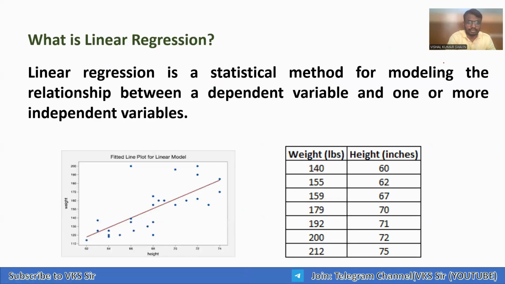Basically, linear regression is a statistical method for modeling the relationship between the dependent variable and one or more independent variables. If we go for this data set, the weight will behave as an independent variable and the height will behave as a dependent variable.